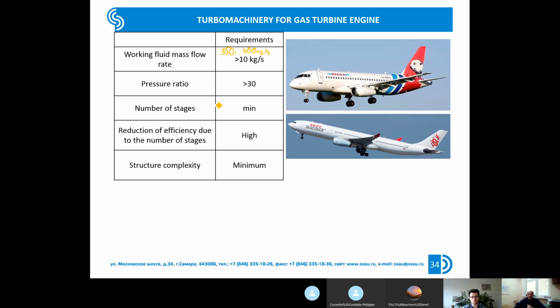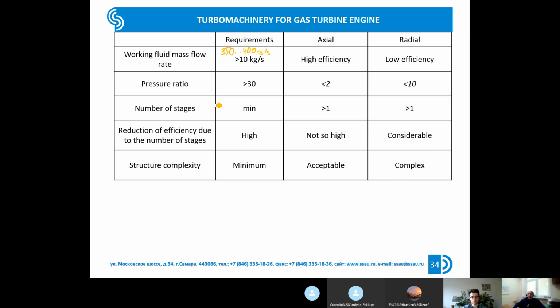So, let's try to compare which type of turbomachinery will be more acceptable for a gas turbine aircraft engine. For this range of mass flow rate, the axial turbomachinery stage has high efficiency. That's why this type is more suitable.